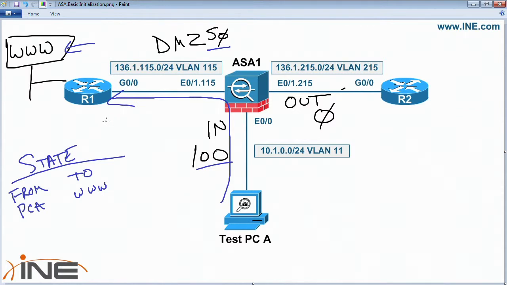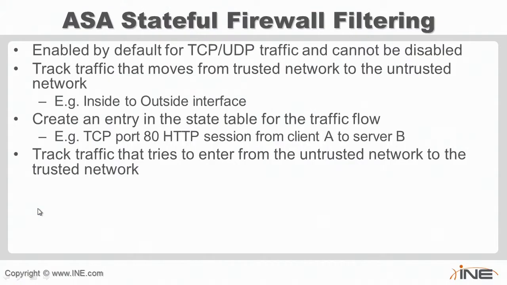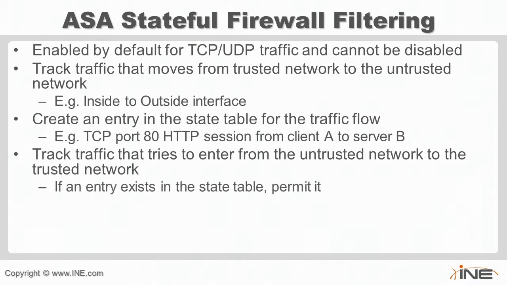Then when the return flow comes back in, we're going to check this state table to see, is the web server allowed to return the traffic back to the PC? It's going to look at that based on the specific connection data and based on the specific application. So we'll see that it does more than just a basic layer 3 or layer 4 inspection, depending on what the particular application is. If that entry is in the state table, we're going to permit it. So in this case, the return web flow from the server back to the client.